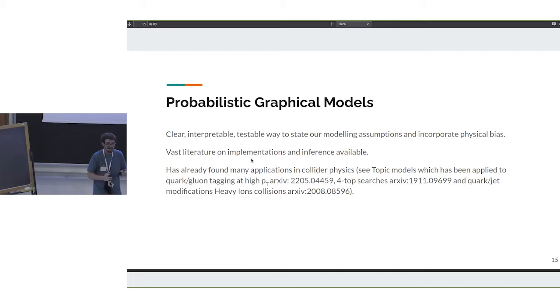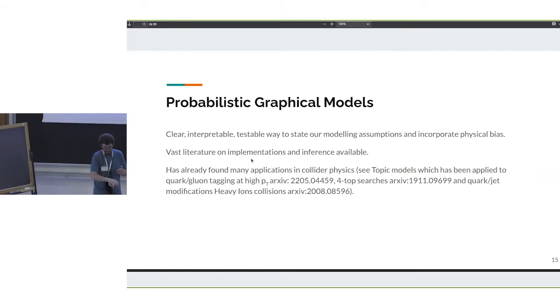There is a vast literature on this, on both implementations and inference, a lot of dedicated software, and also usually if you do it simple enough, the code is simple enough that you can do it by yourself. And there are already a lot of applications in collider physics. For instance, topic models, which is one particular kind, have been applied to quark gluon tagging at high PT, for top searches, and also quark jet modifications for heavy ion collisions.